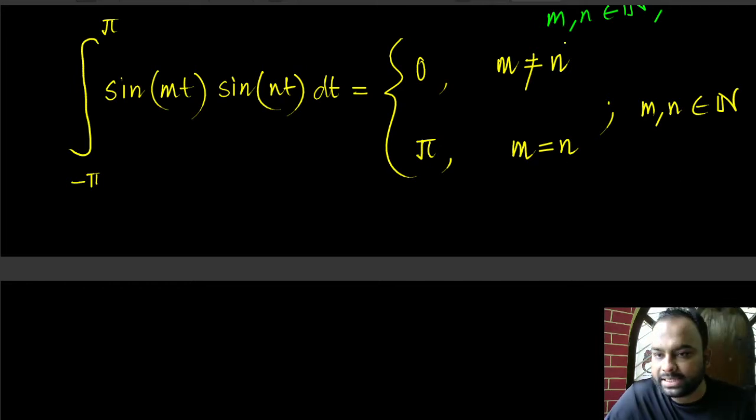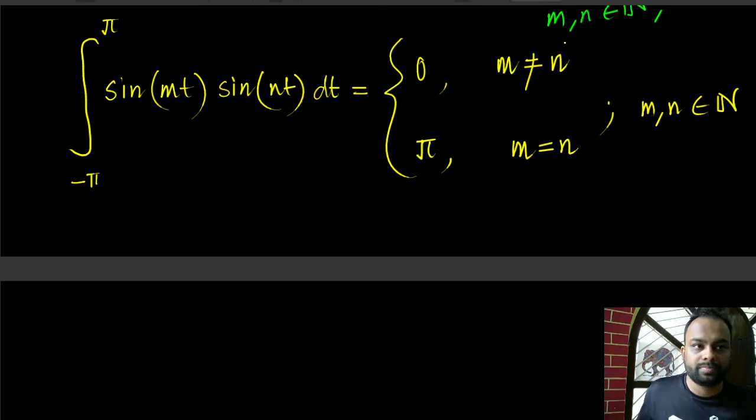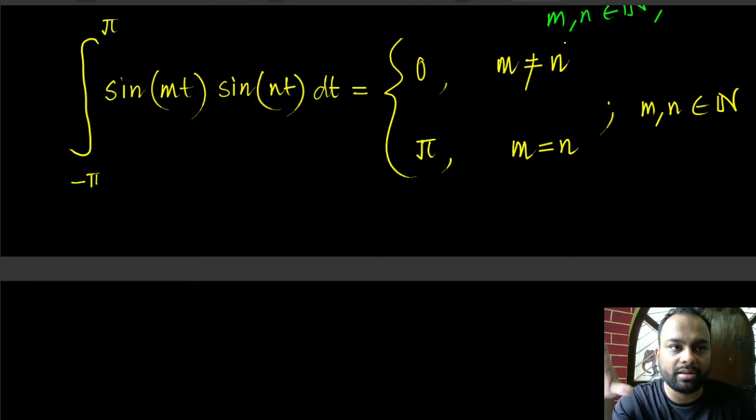So is this understood? Because the entire concept of Fourier series actually is based on this. If you understand this well, it will be very easy for you to understand the entire concept behind Fourier series. Please let me know in the live chat if you understand this. This integration, when m and n are integers, can be a 0 or can be a pi, depending on whether m is not equal to n or equal to n.